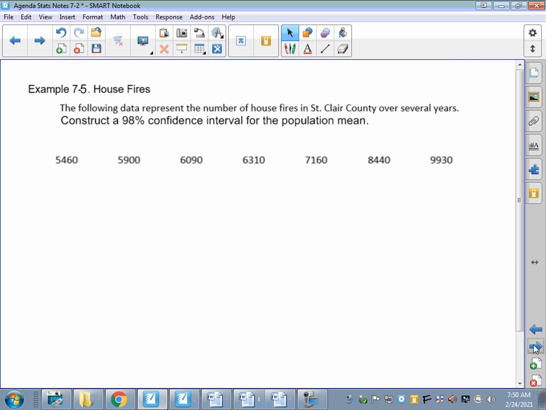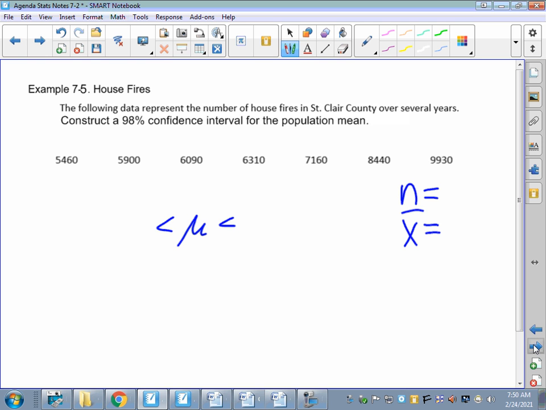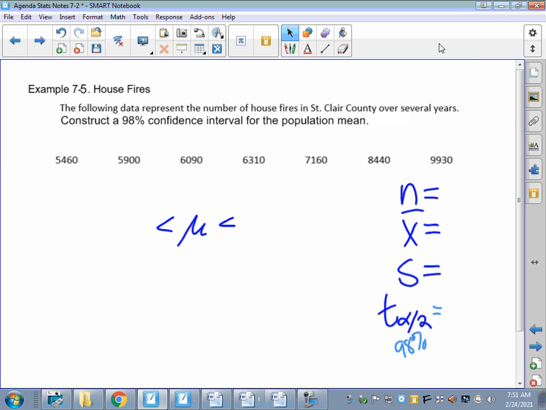So I just want to point out this last problem. I don't think we need to do this, but it asks, for the following data, construct a 95% confidence interval for the population mean. I know that I need the same things that I did before: my n, my X bar, my S, and I'm going to need my critical value at 98%. Well, here's the thing.